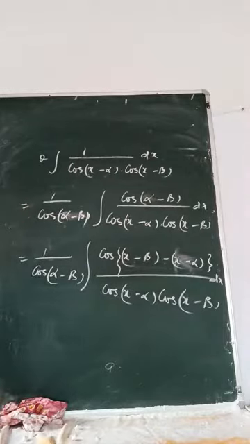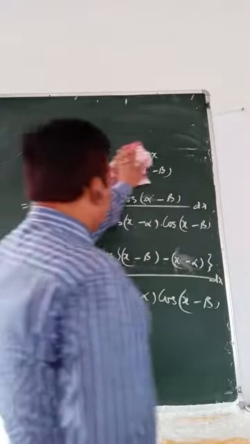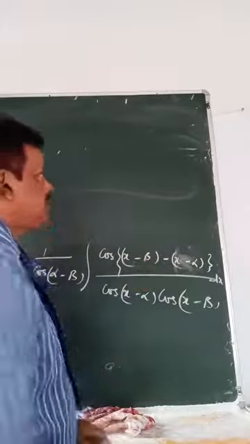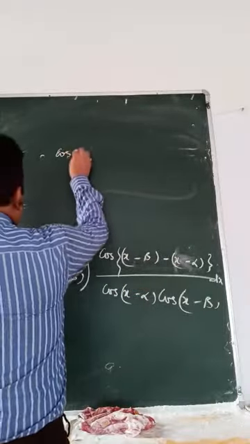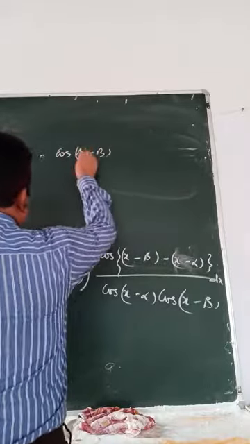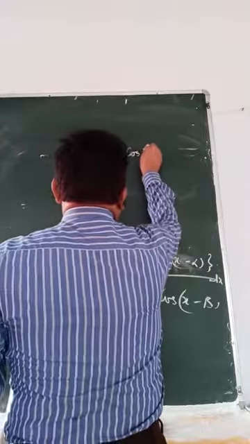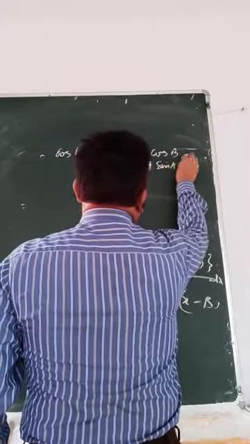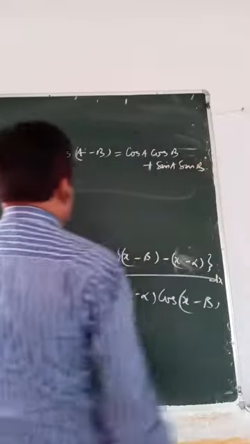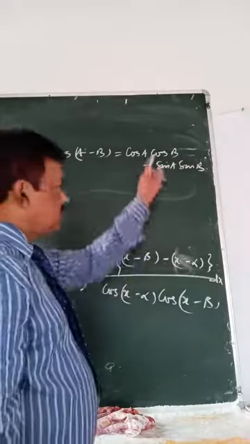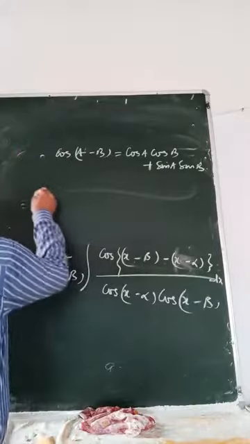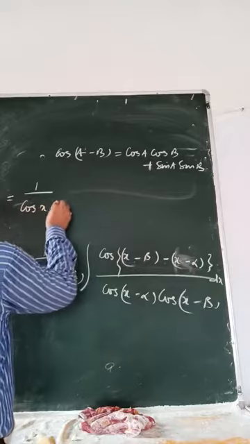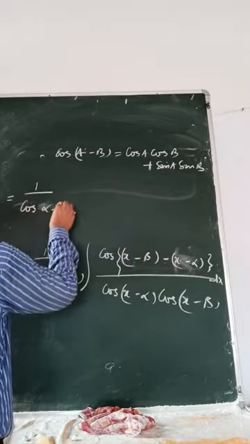Okay. Now which formula? The cos A minus B formula. So cos A minus B is cos A cos B plus sin A sin B. So we will get 1 by cos x minus alpha minus beta.